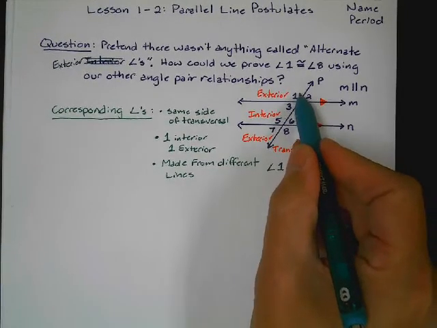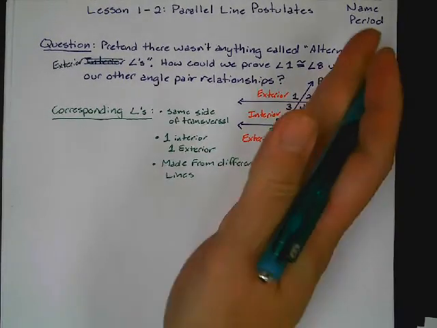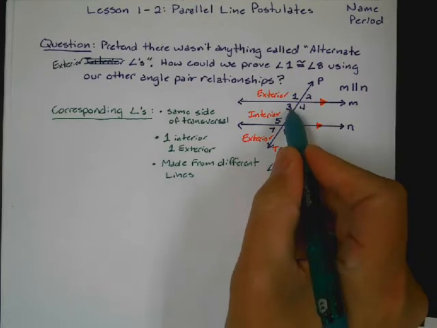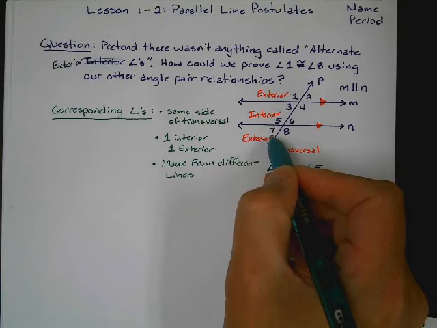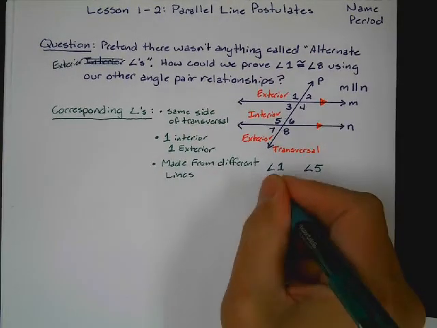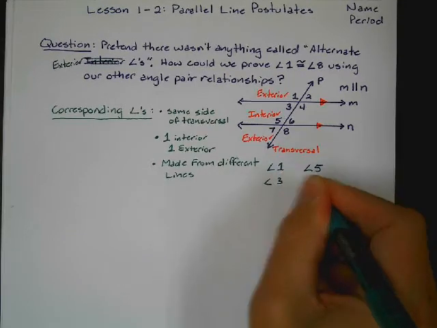One's on the exterior, 5's on the interior. They're both on this side of the transversal, and they're made from different lines. Now also, 3 and 7. 3's on the interior, 7's on the exterior. They're on the same side of the transversal, and they're made from different lines. So angle 3 and angle 7.